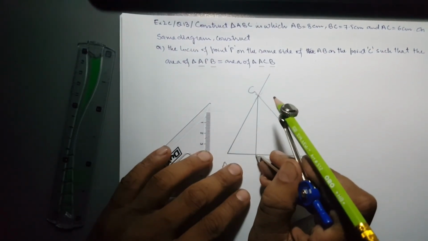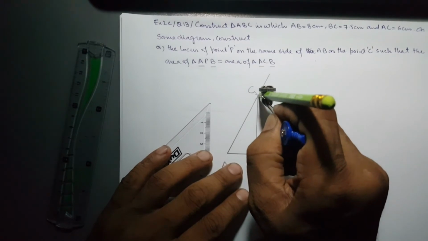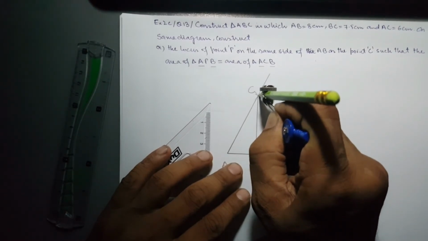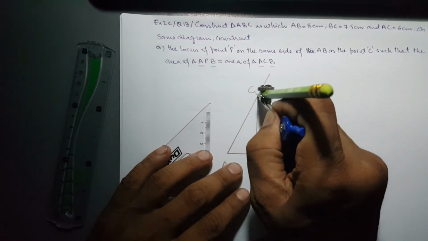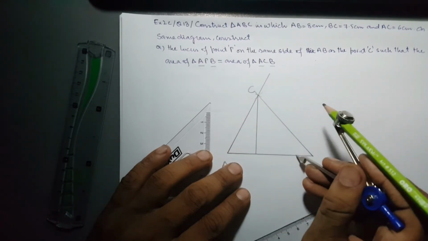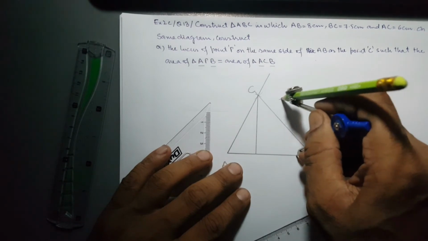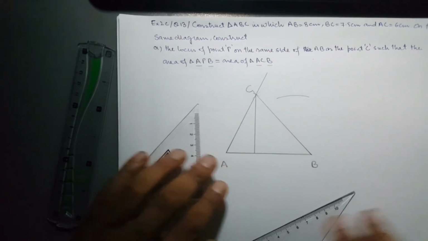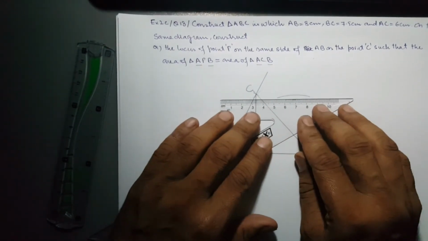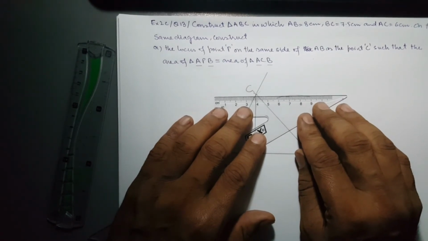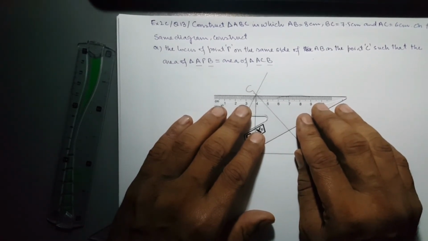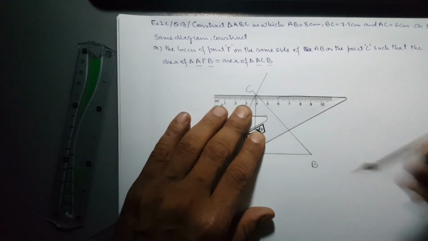With the help of compass, and radius height of the triangle, I will draw another arc. Now I will join C and the top of the arc to get a line parallel to AB.